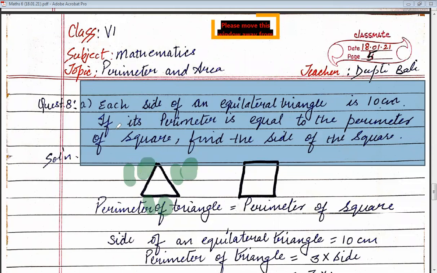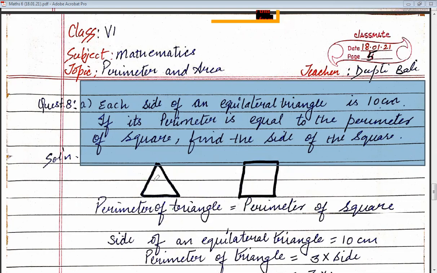Now, if the perimeter is equal to the perimeter of square. Now, children, here given that these two perimeters are equal. It means the perimeter of equilateral triangle is equal to the perimeter of the square. Okay, children? These two perimeters are equal. So now, first what we will do, we will find the perimeter of an equilateral triangle.